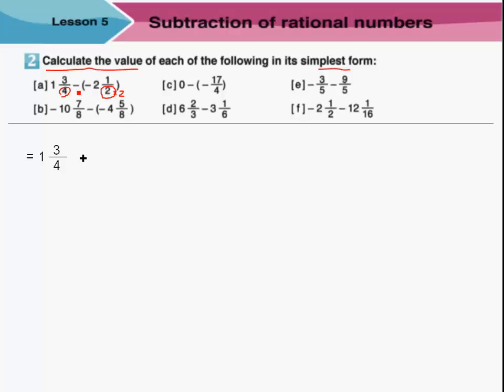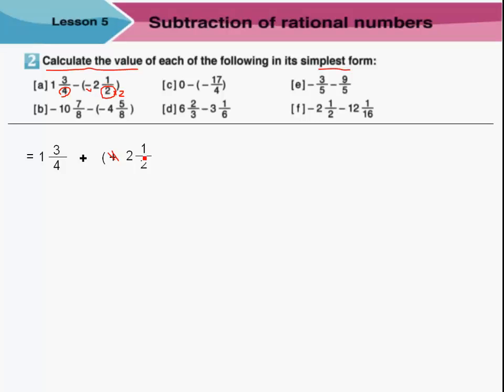Instead of subtraction of rational numbers, always make addition in rational number, which means this minus will be changed to plus, and this minus 2 must be changed. This sign must be changed. It will be changed to plus, but we don't write the plus sign as I told you.